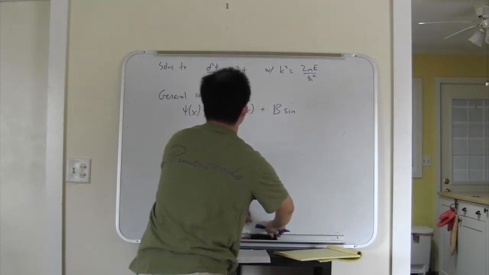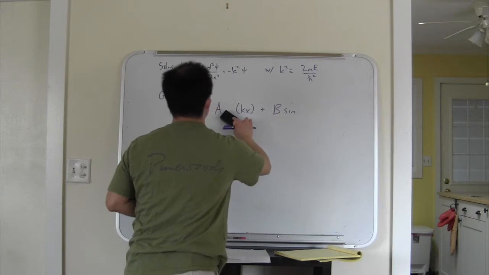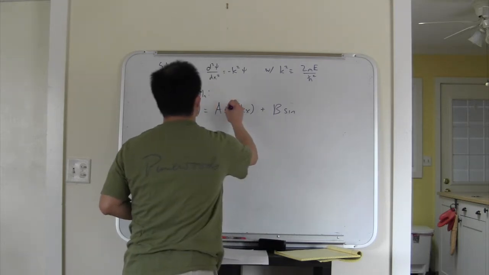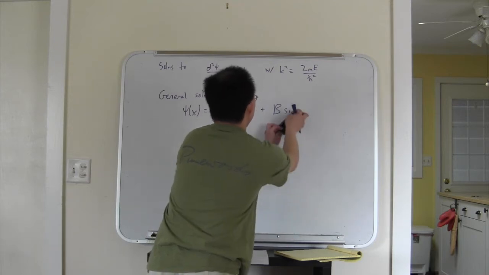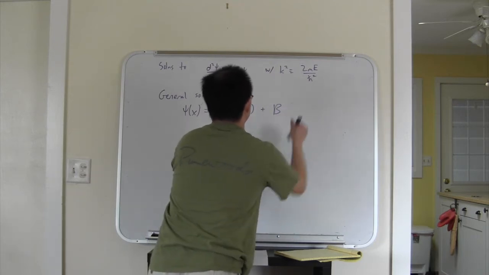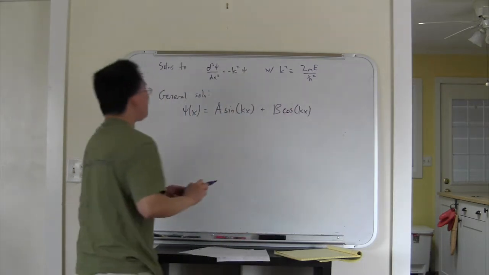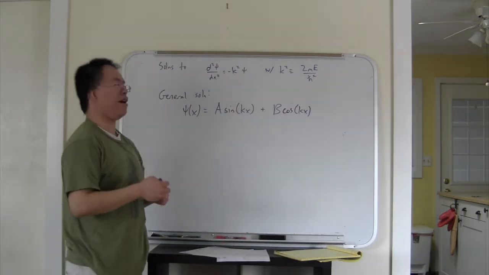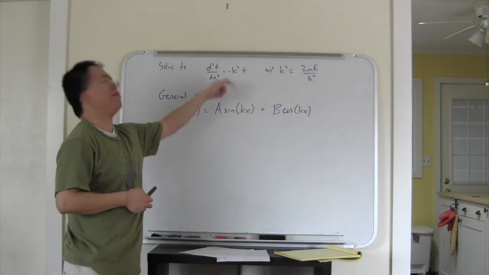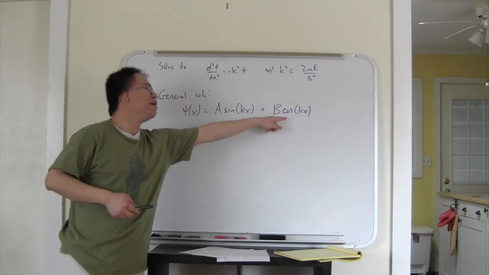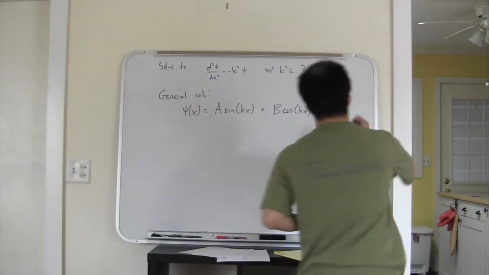Oh, sorry, I'll do a sine and b cosine kx. You can go ahead and check that if you take two derivatives of sine kx, you get minus k squared times sine. Same thing for cosine, where a and b are constants.